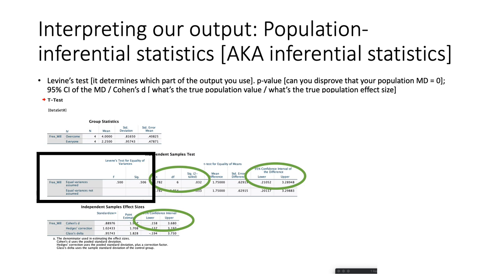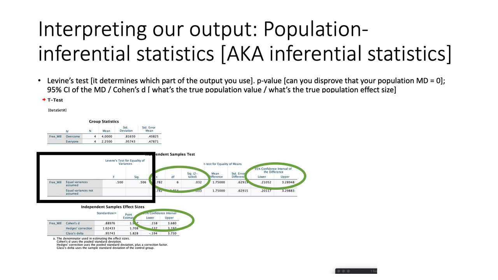Now, earlier I said we had two different standard deviations across our two different conditions, and we want to know if one of our conditions was significantly worse than the other in terms of error. If it is, we use the bottom row. You see equal variances assumed versus equal variances not assumed. So what we're looking at here is the p-value.